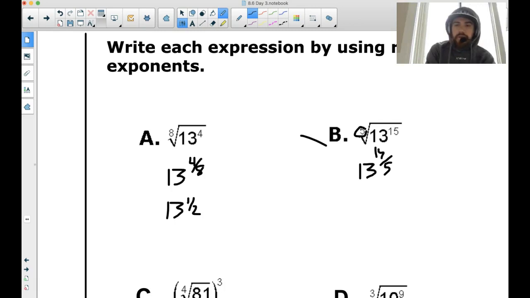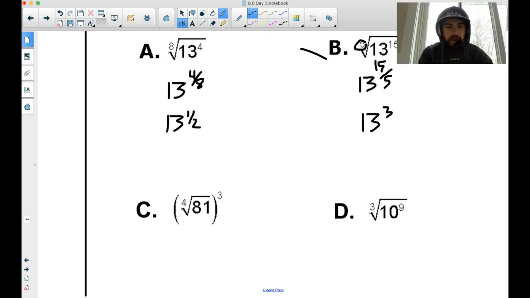Okay, so 15/5 reduces to be 3, so this is 13 to the third power, whatever that is, 169 times 13, and so on. Okay, a couple more examples. I mean, it's pretty straightforward. These are the same. Sometimes you get things to simplify, sometimes you don't.